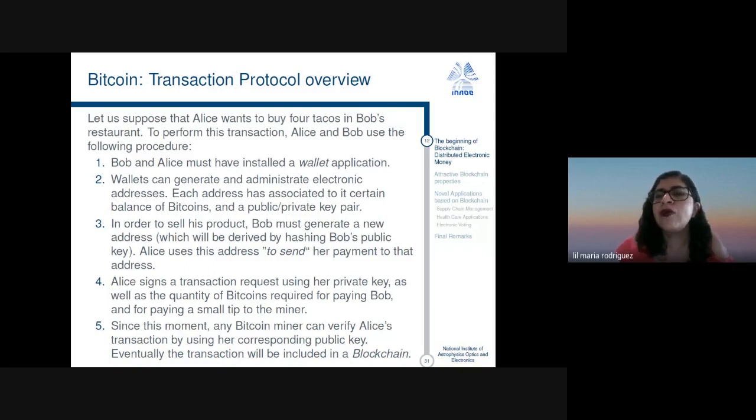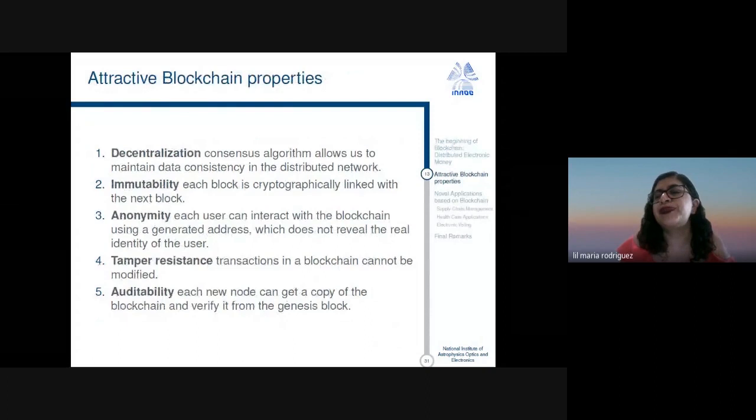But now I would like to talk about other attractive blockchain properties that we didn't mention yet, that are used for novel applications that are different from cryptocurrencies.